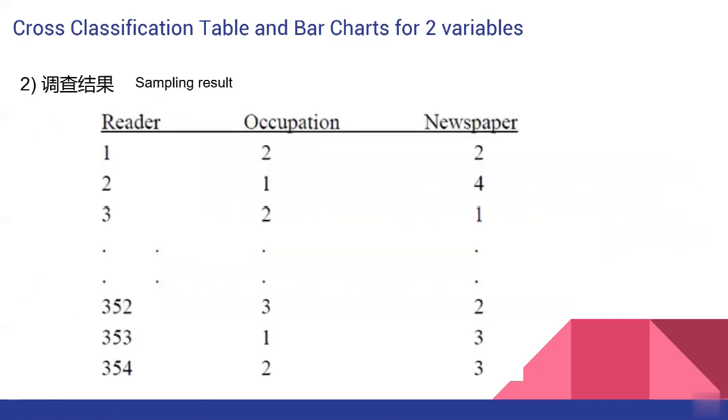And then the sampling result is many rows. Each row represents the reader's occupation and the type of newspaper. And here we have 354 rows. That means in the sample, we have 354 readers, right?